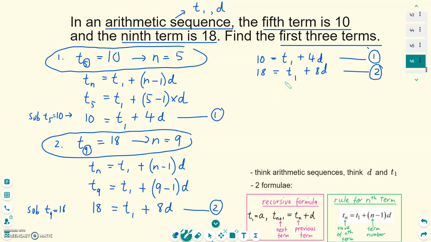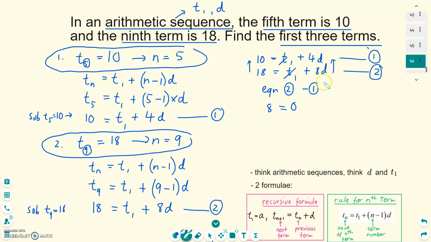And I don't want to end up with negatives, so I'm going to go equation 2, take equation 1. So you just line them up, make sure you go that way. So 18 take 10, 8. T1 take T1, 0. So cancel nicely. And make sure you keep going up like that.